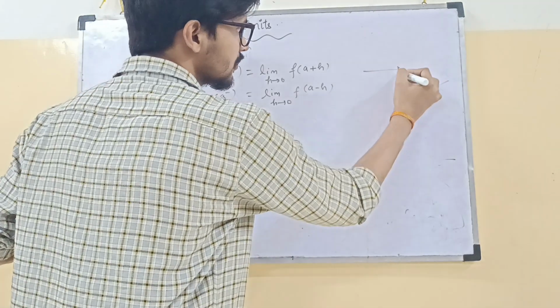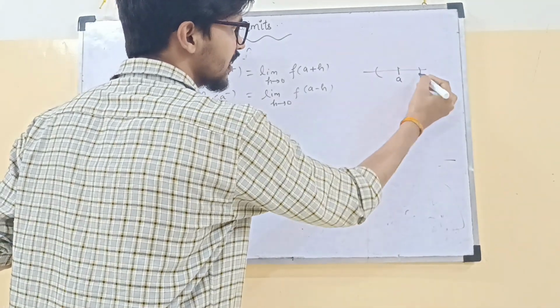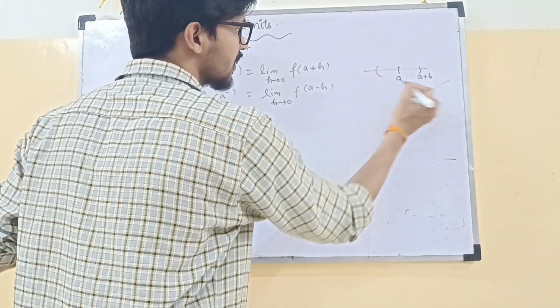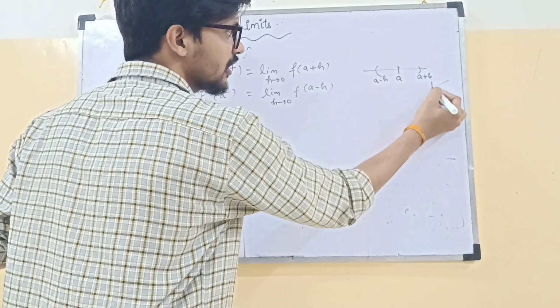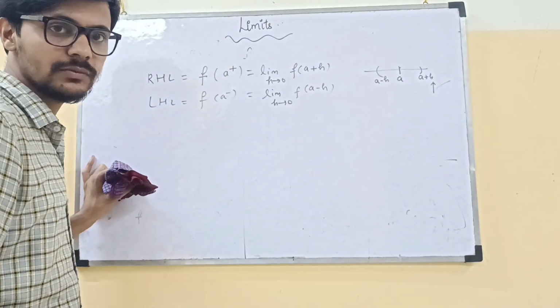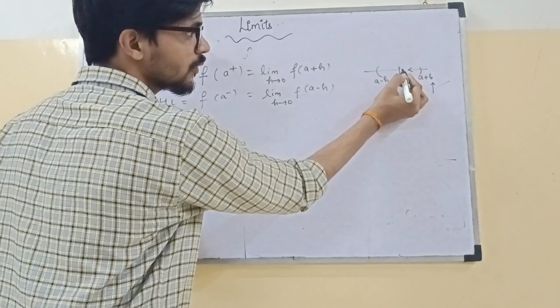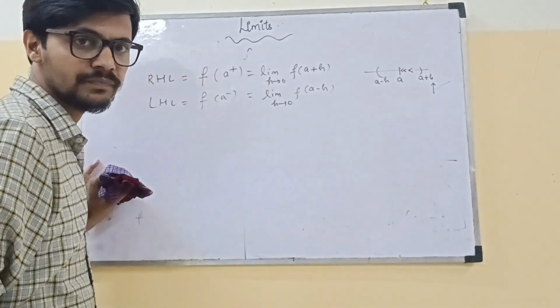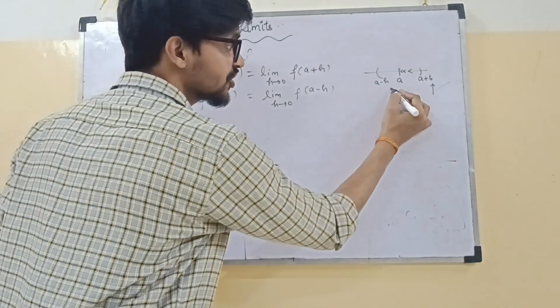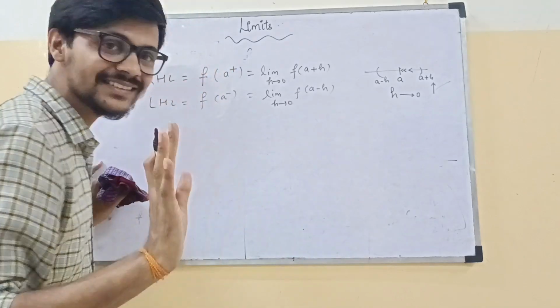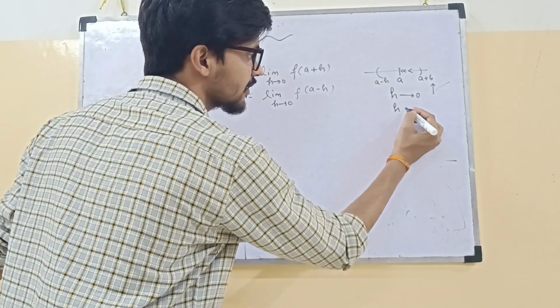See, if your domain is like this, you are making some interval like a plus h, a minus h. If you decrease the value of h, you will be nearer to a. If h is tending to 0, that means it's not 0, but it's going towards the value 0.